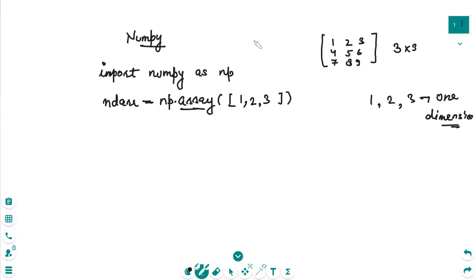So now print the entire array by using the print function. Print, just pass the variable name in which you have stored your array, right? nd array. Now the output will be 1, 2, 3 inside the array. It will return an array which contains some elements, whatever you have passed here while creating your array, right? So here are the elements. Now the final output is an array, right?